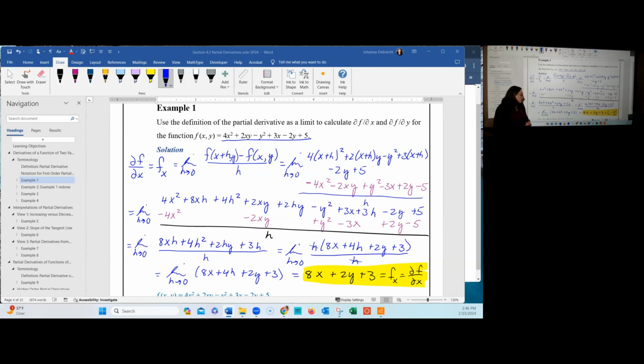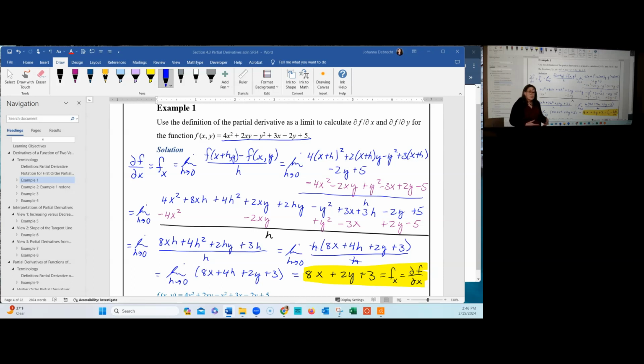So you factor out h, which will cancel with the denominator and leave you with the limit of 8x plus 4h plus 2y plus 3. When you substitute 0 for h now, this second term will go to 0, and you're left with 8x plus 2y plus 3 as the partial derivative of the function with respect to x.